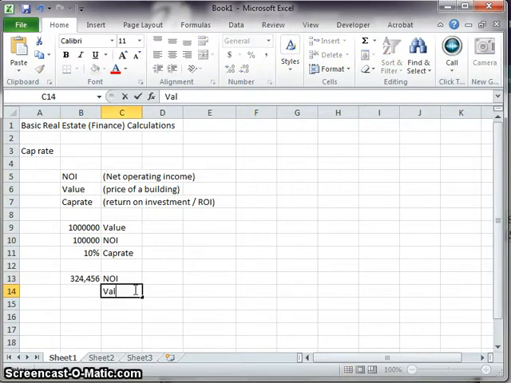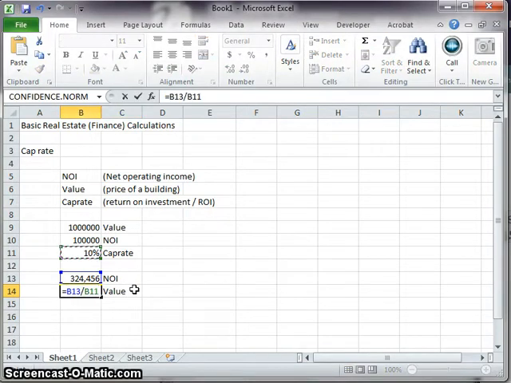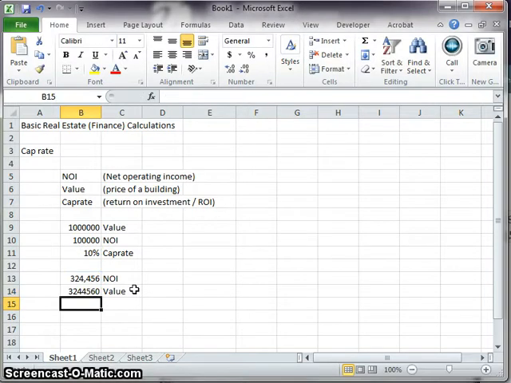Then the value of our building is simply going to be our NOI divided by the cap rate. That makes sense. So if we look around at all the other buildings very similar to ours that recently sold, and we come up with the cap rate for each one of those buildings, and then we'll average those out. We're not going to weight them, just keep things simple here. And we'll just say that our buildings are generally selling for cap rates around 10%. That makes our building worth this value here.